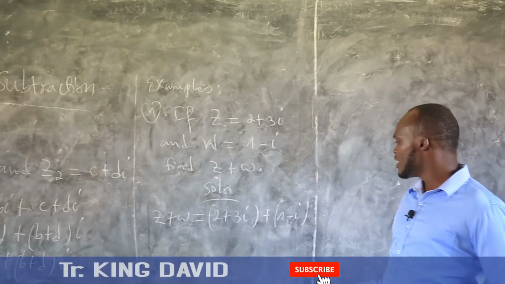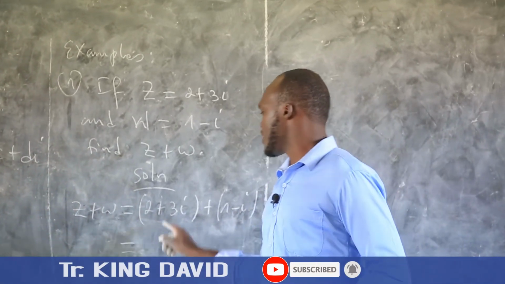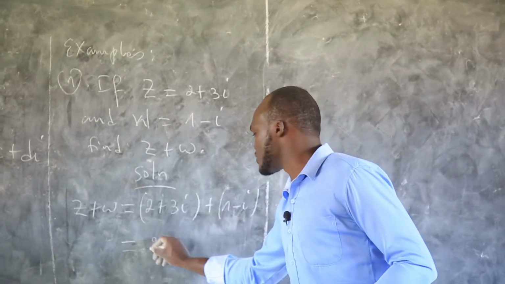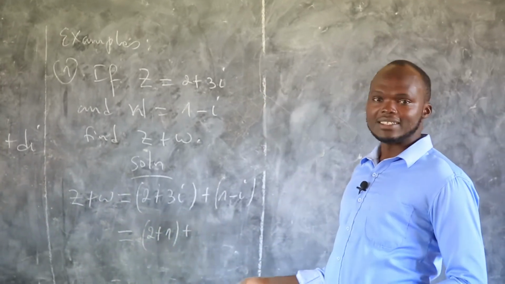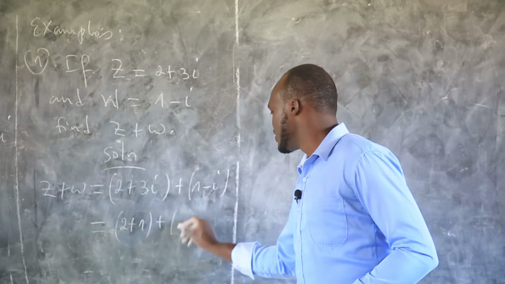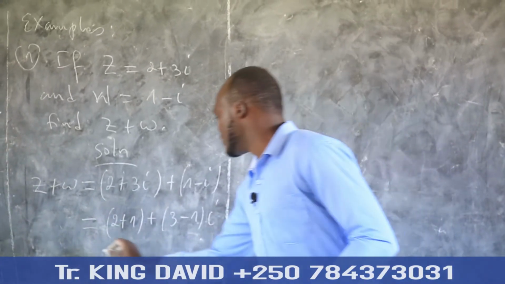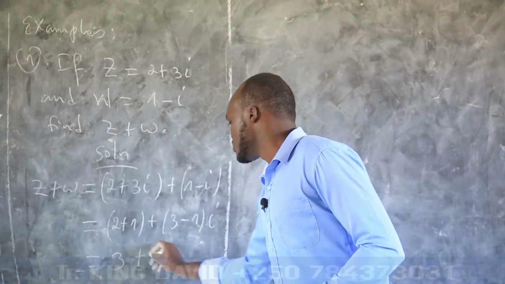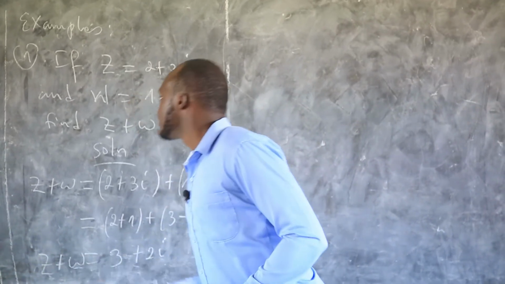What I do is add the real parts. The real part of Z is 2 and the real part of W is 1, that is 2 plus 1, plus the imaginary part: I have 3 and negative 1, that is (3 minus 1) i. So the final answer is 3, and 3 minus 1 is 2, so 3 plus 2i. So this is Z plus W.